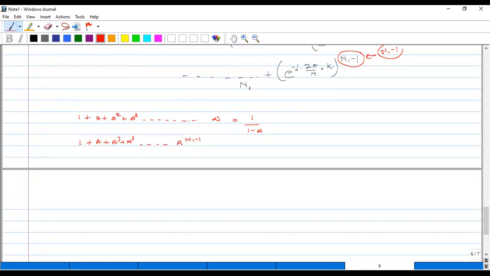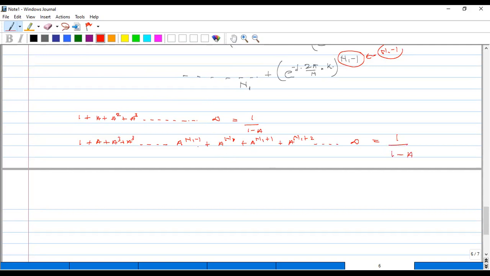We don't know this n1 value, so we have to write it up to n1 minus 1. The next component will be a n1, the later components a n1 plus 1, the next one a n1 plus 2, so on up to infinity. We will have again 1 minus a, correct?